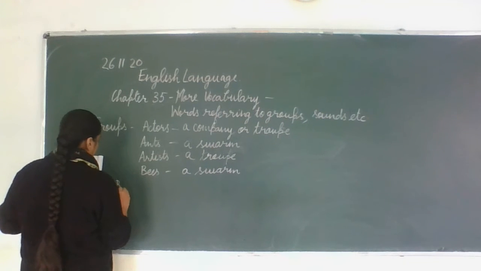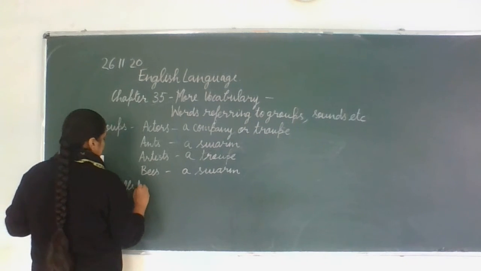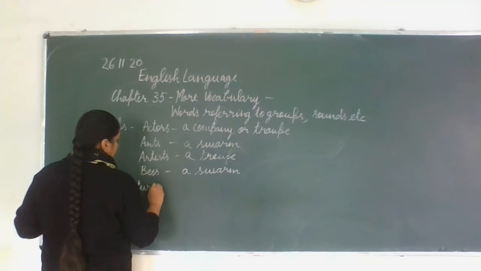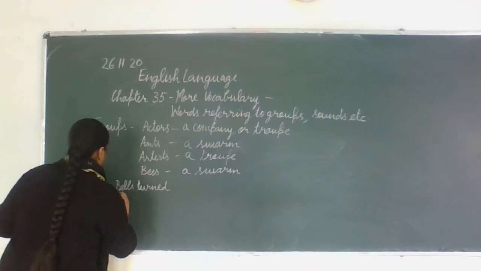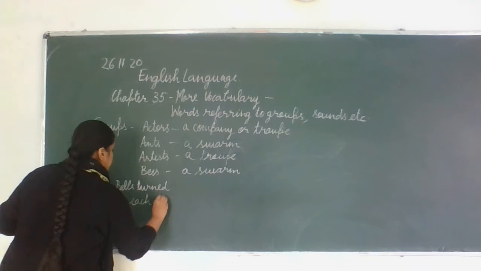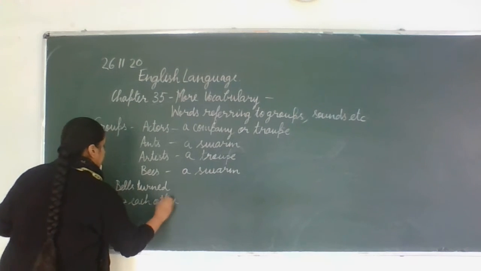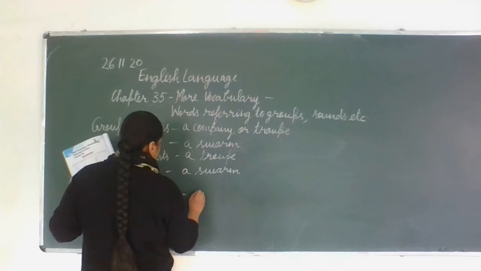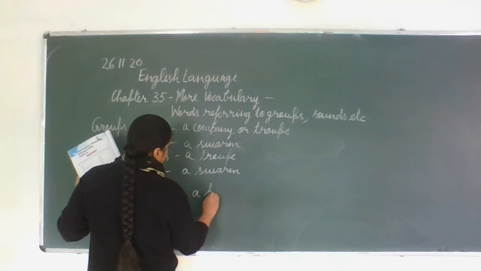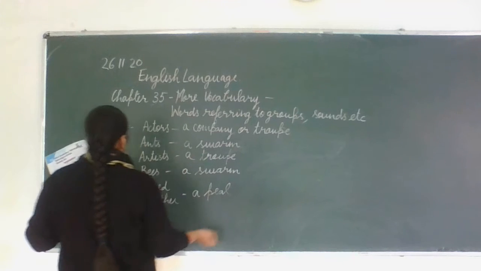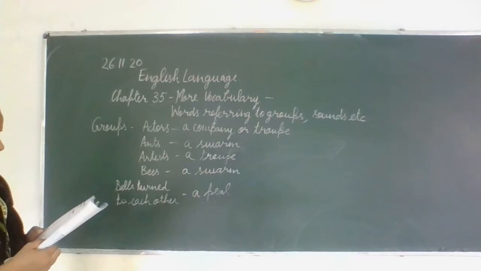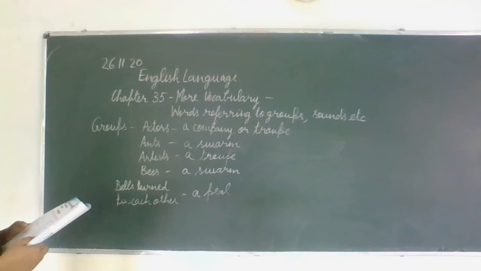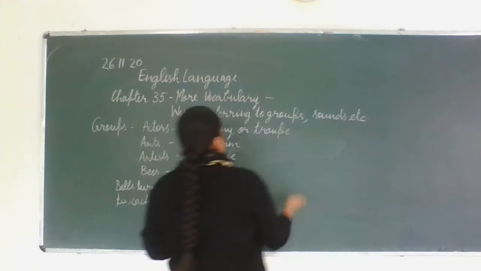Next, bells turned to each other. They are known as a peal, a group of bells which are turned to each other. They are known as peal.